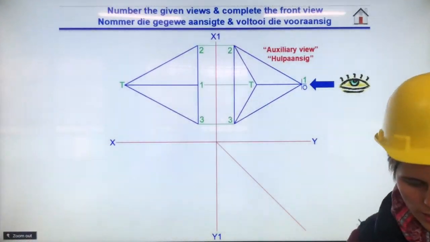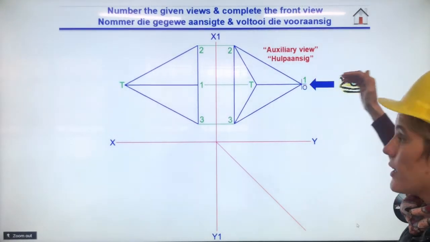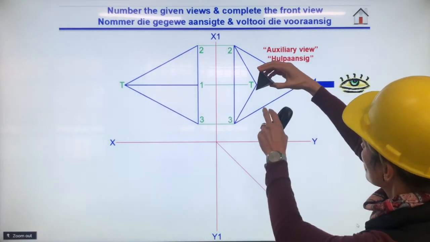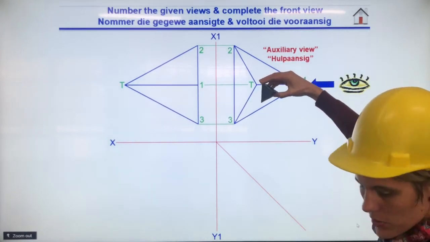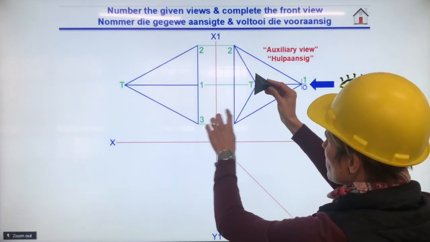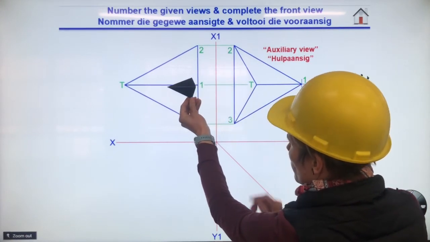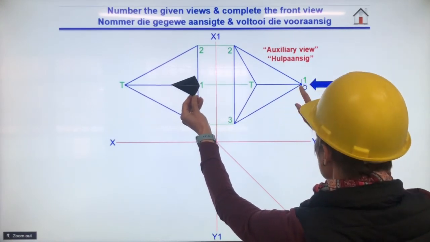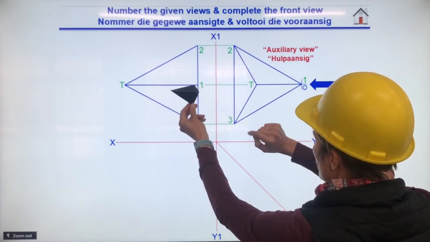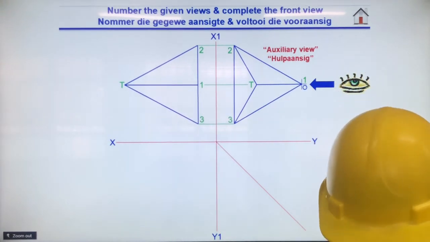And by looking at the triangle or the pyramid from this side, and projecting all these lines in construction over, we will have our front view looking like that. So there's number 1, we take it over, there's number 2, number 3, and there's T also over. Okay, that's quite easy.